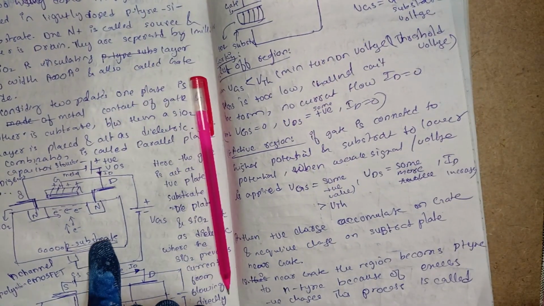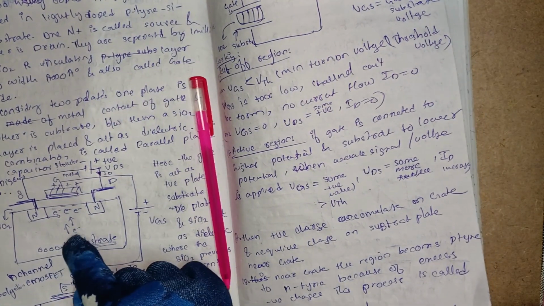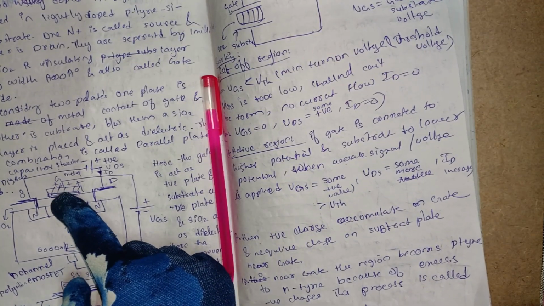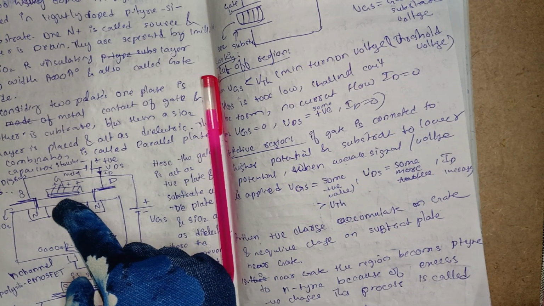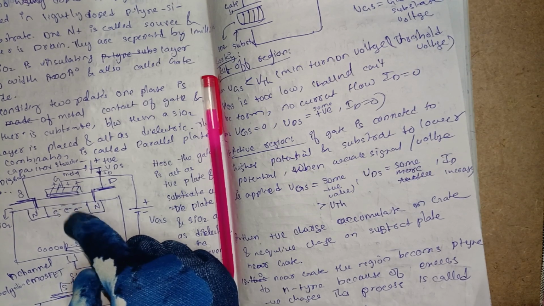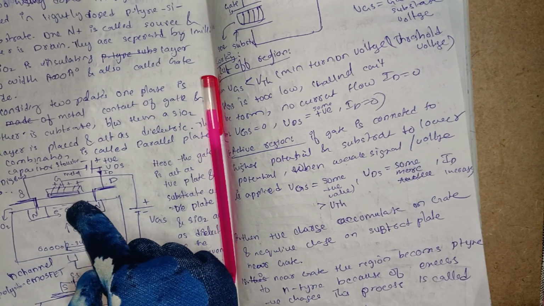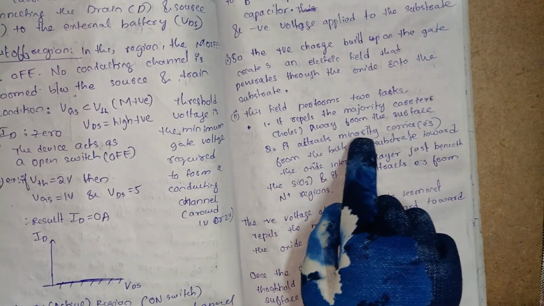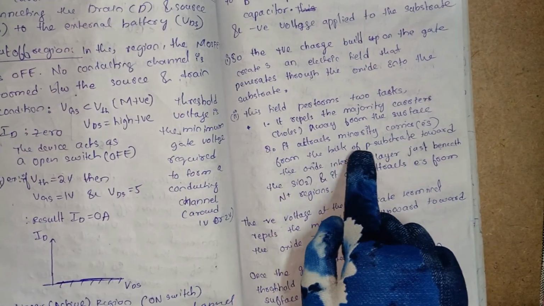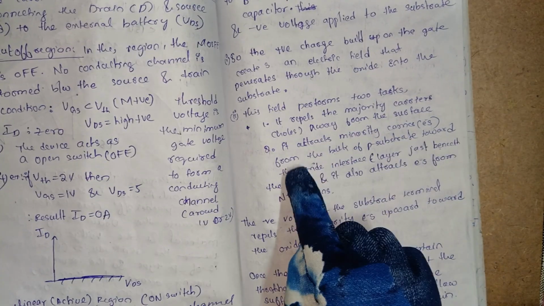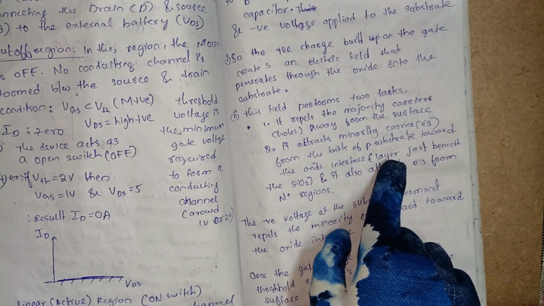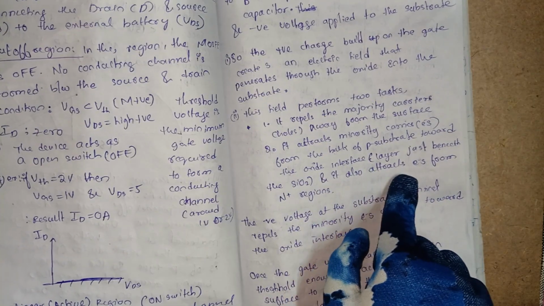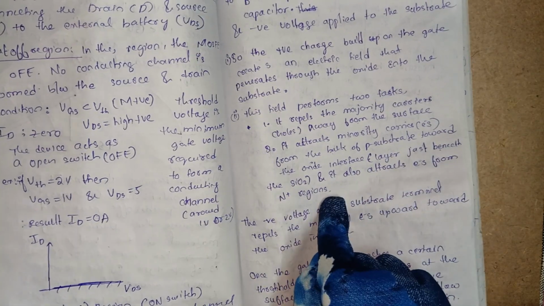The p-type material has majority carriers of holes, so this electric field repels the holes of the p substrate, and then it attracts minority carriers, electrons, from the bulk of the p substrate towards the oxide interface layer just beneath the silicon dioxide, and it also attracts electrons from n plus regions.